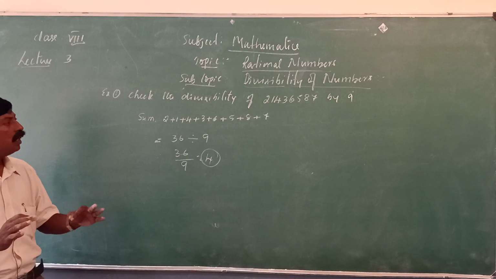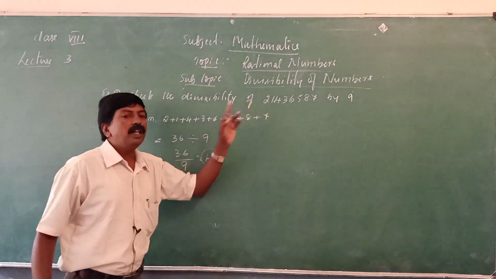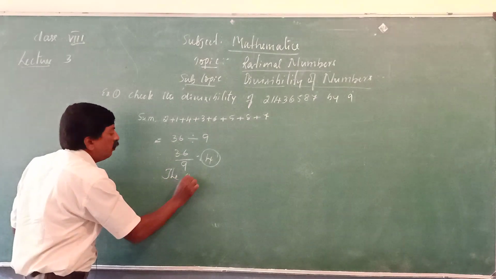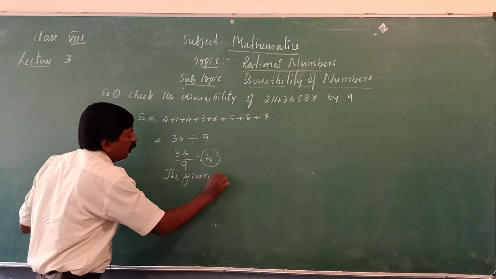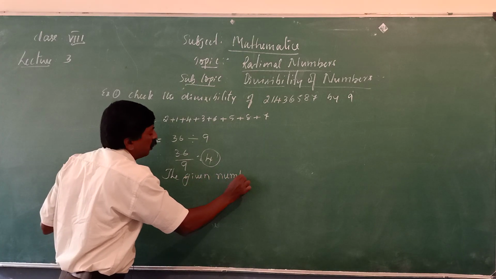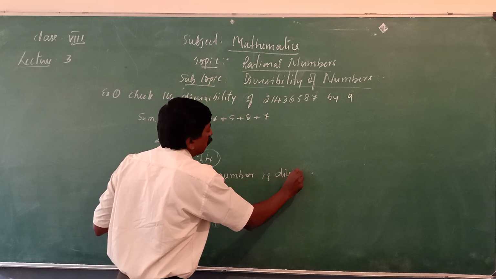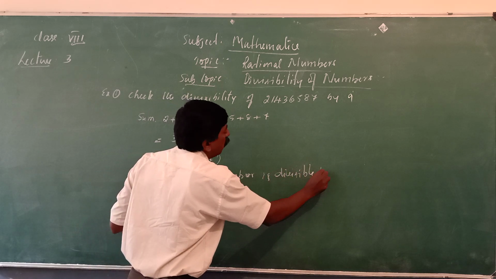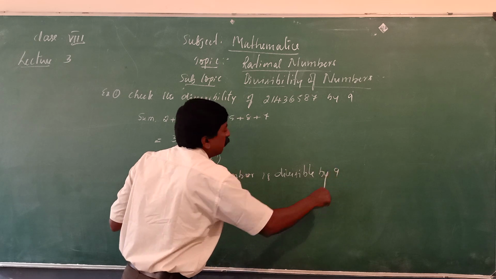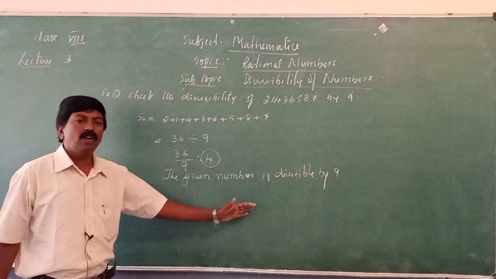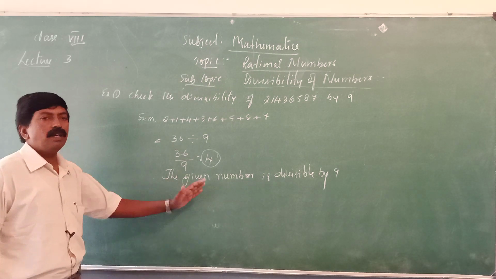Now we can conclude that the given number is divisible by 9. Just now, very easily we have identified the divisibility.